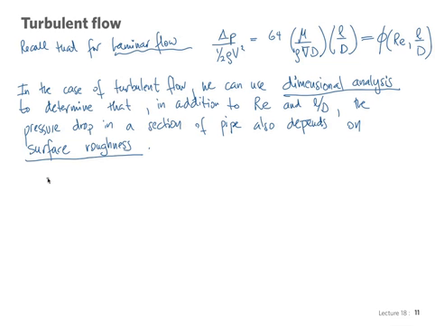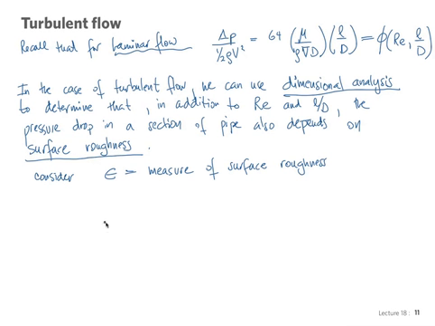So let's consider this epsilon to be some measure of the surface roughness of the pipe wall.